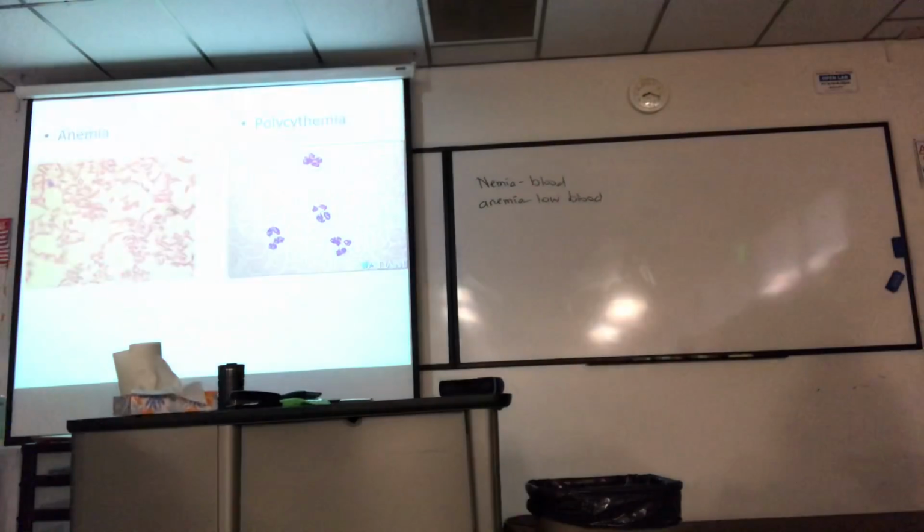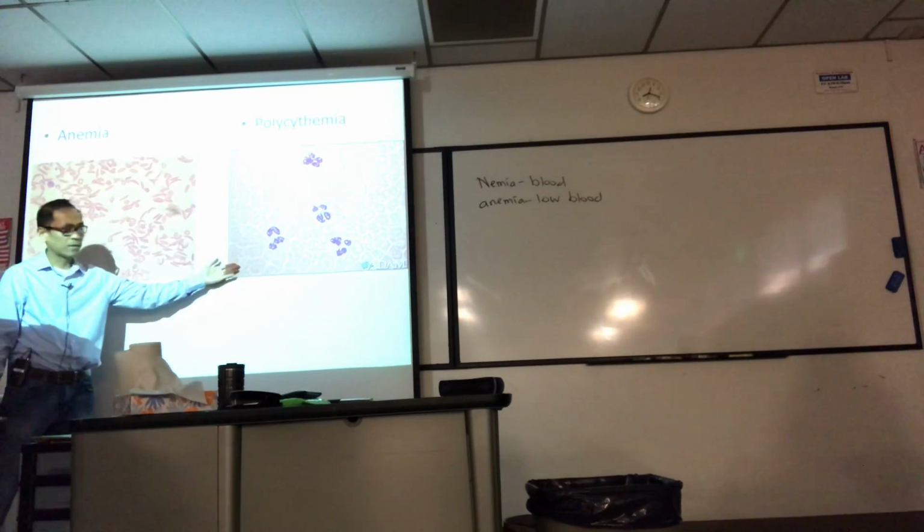Ignore the white blood cells on the right. You can kind of tell, right? There's less blood here. There's less density. Not only are there fewer red blood cells, the shape is abnormal. This is a form of anemia called sickle cell anemia. There are the other kinds. Polycythemia, goopy blood right here. They're packed tight.